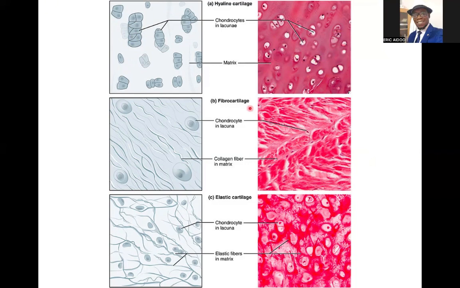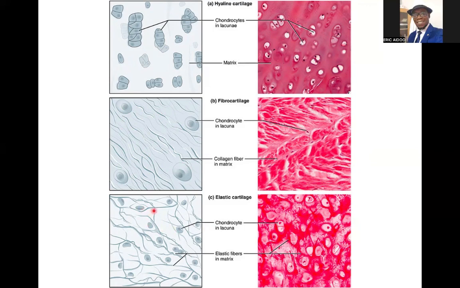Then you have fibrocartilage. So they are more like running fibers. The collagen fibers are very conspicuous, and their fibers are running parallel, with the chondrocytes also interspersed within them. This is the elastic type of cartilage, and like I said, you'll be looking at the background for some extensions, or fiber-like background.